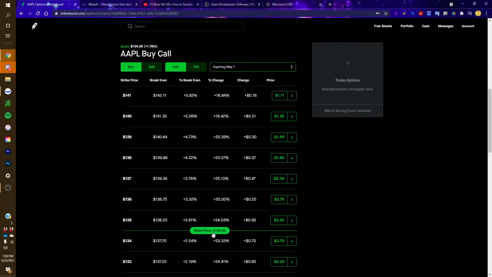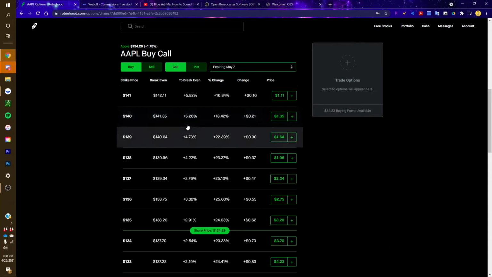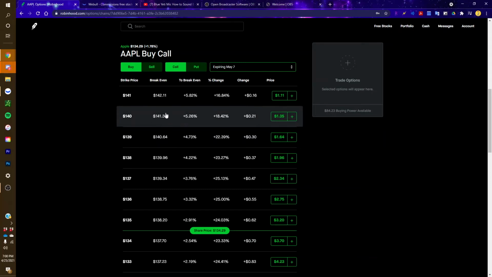So the current share price is 134. If you're buying this contract right here, this strike price is 140. So you're predicting that on May 7th, or by May 7th, Apple stock price would get to 140. It doesn't necessarily have to get to 140 for you to make some profit, but that's the beauty of options.